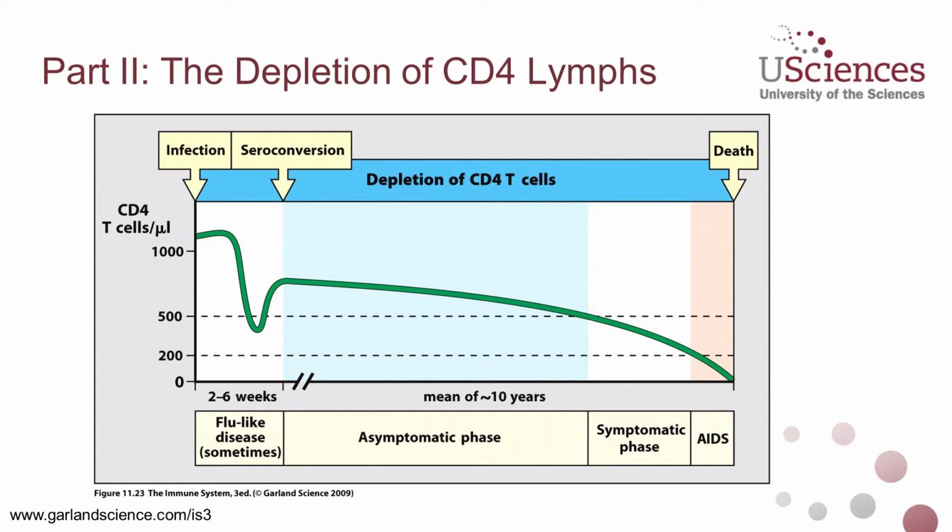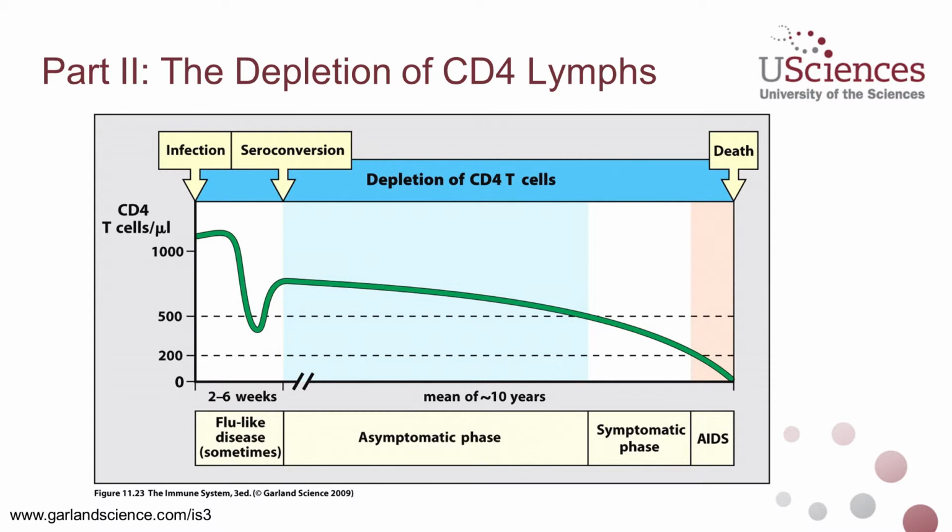And this is referred to then as the symptomatic phase. And you can start to show increased infections, especially by organisms that we call opportunistic organisms that normally don't cause a problem in someone with a healthy immune system.